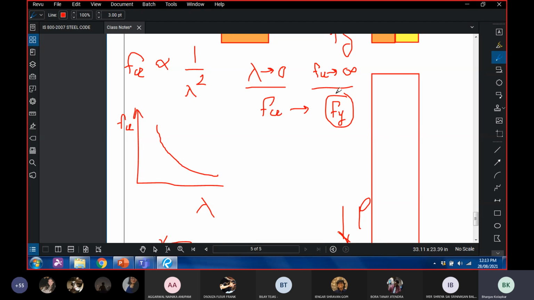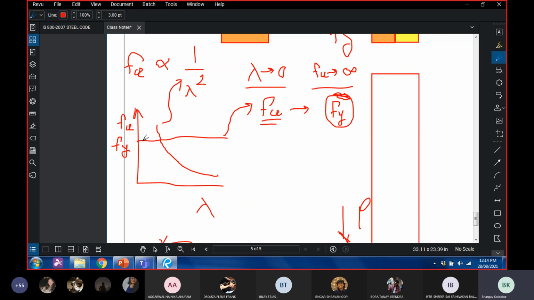So this is an upper limit for FCR, meaning that FCR can never cross Fy. This is the curve that I get from here, and this is the curve that I get from here.